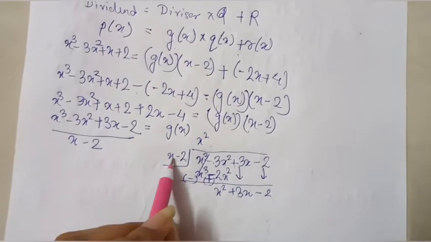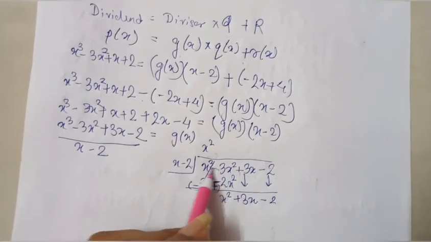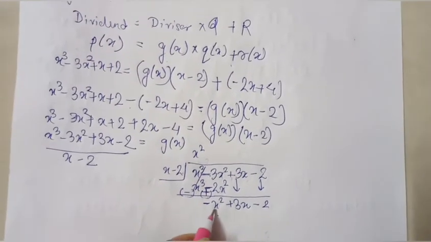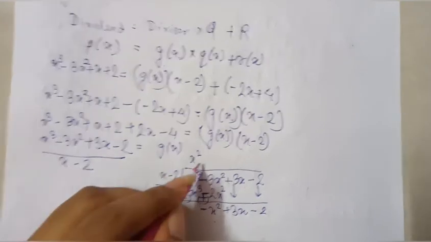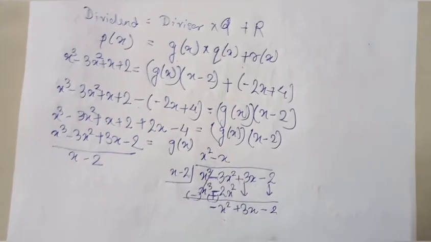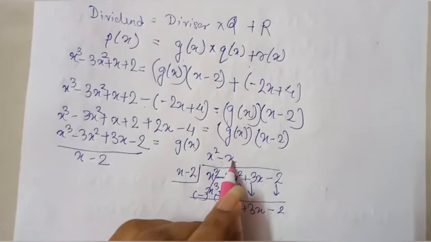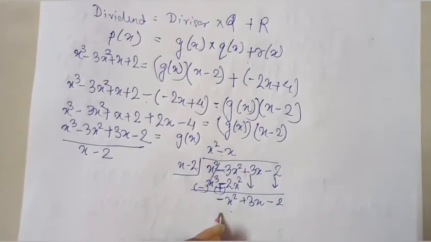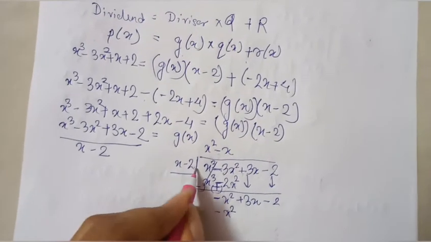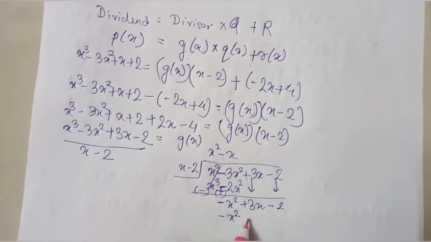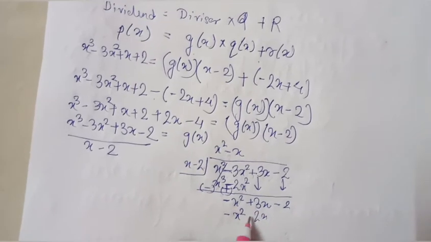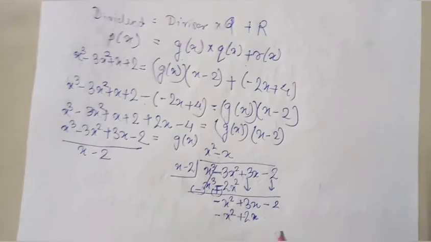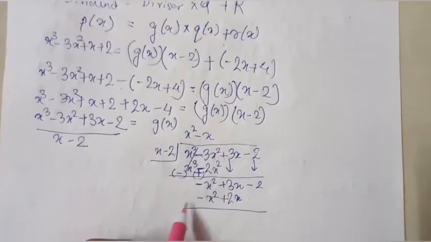Now what do we have to multiply? Here it is minus x square, so we need to multiply by minus x, as x into x will give us x square, but we need minus x square, so we'll multiply it with the minus sign also. Minus 2 into minus x will give us plus 2x. So now we'll change the signs.